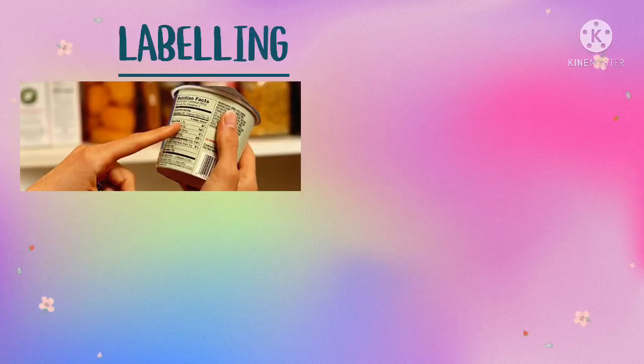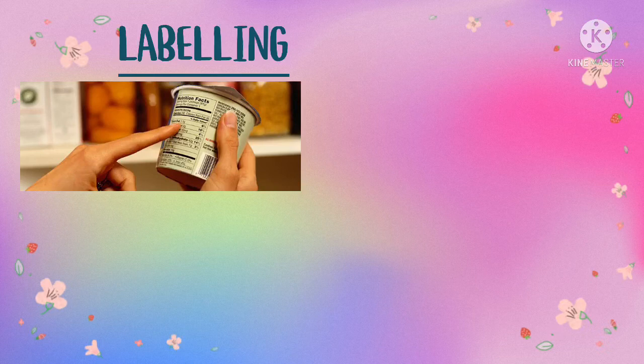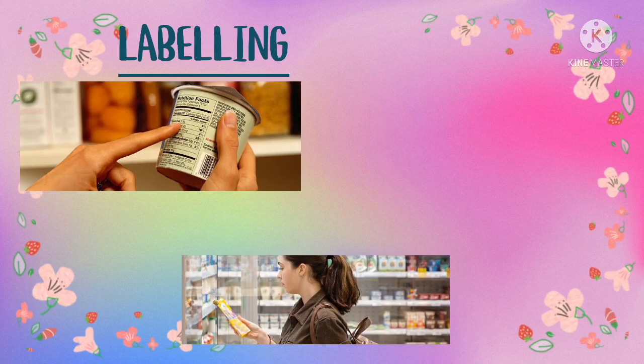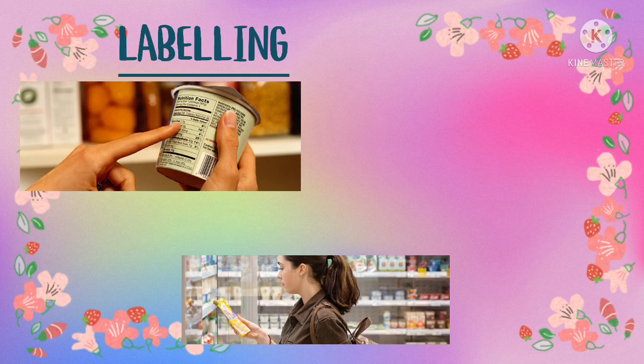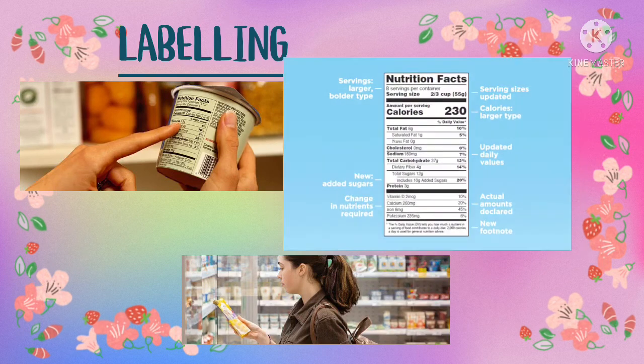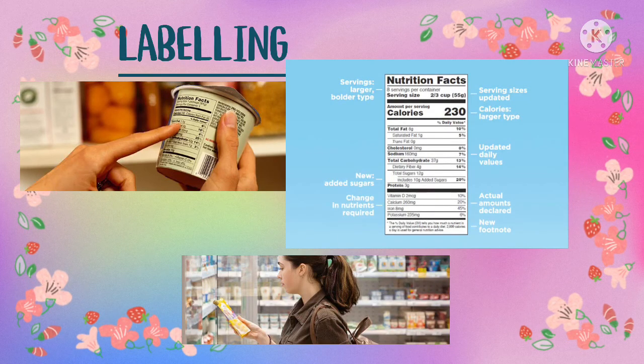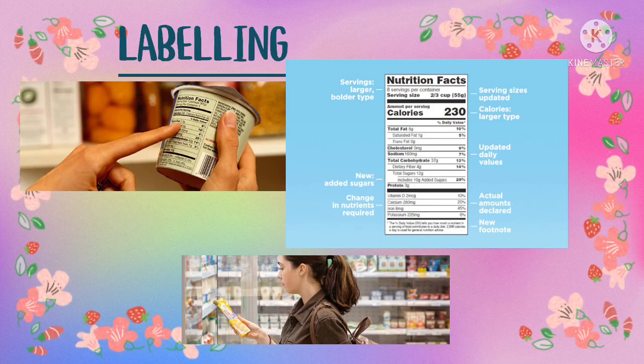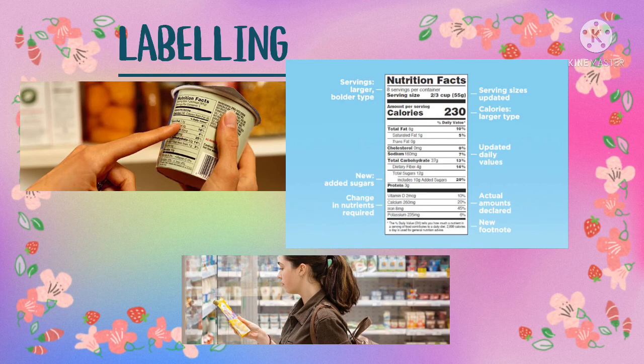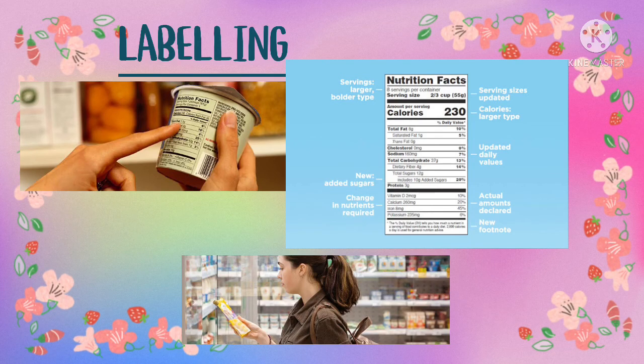Next is labeling. Under the element of marketing mix, the one element that is product, we finished the packaging. Now we will be discussing labeling. Labeling means putting an identification mark on the package.